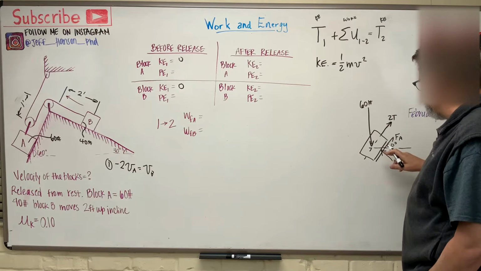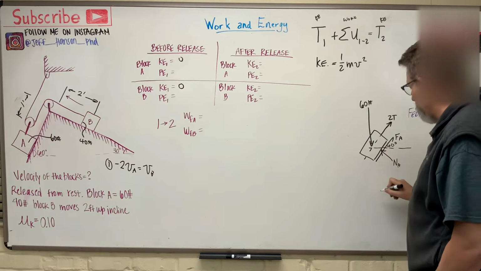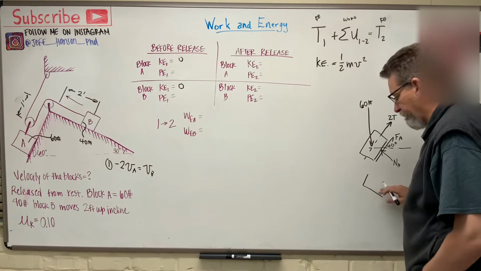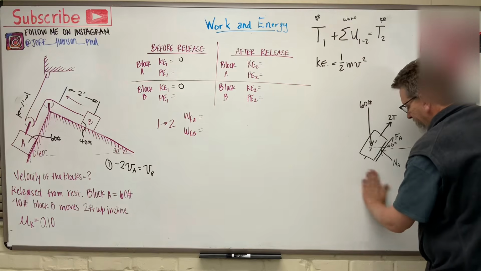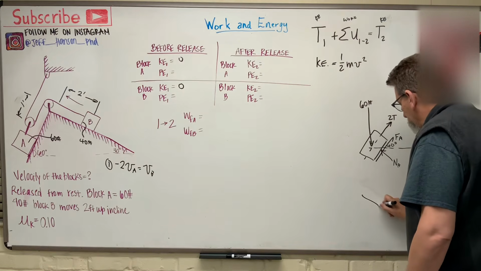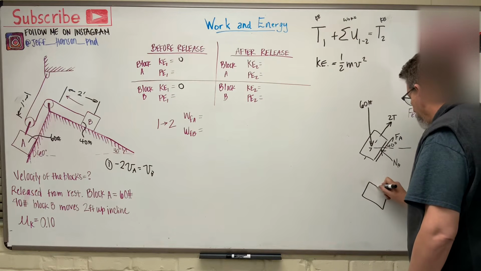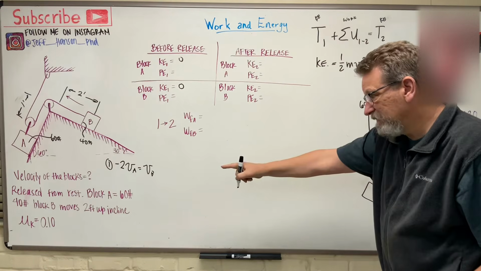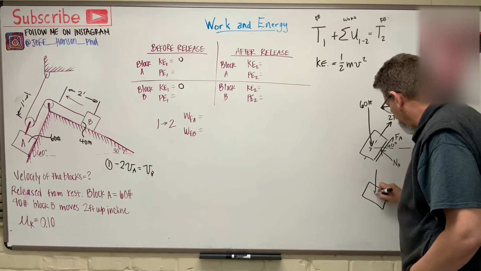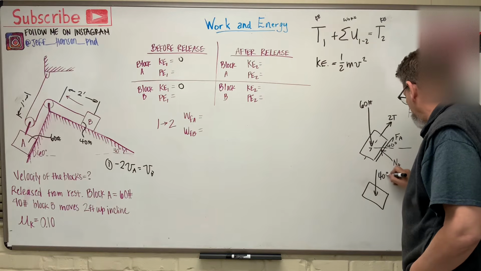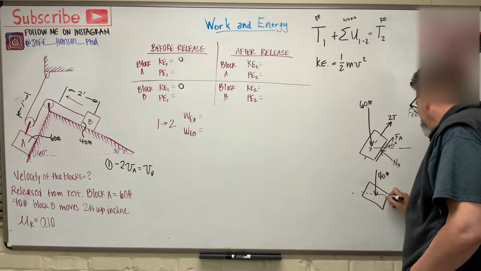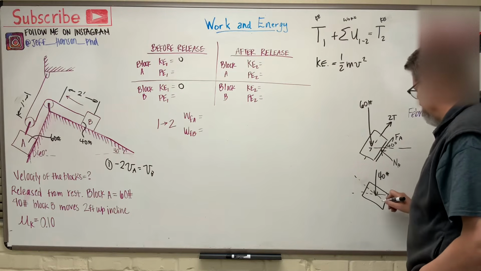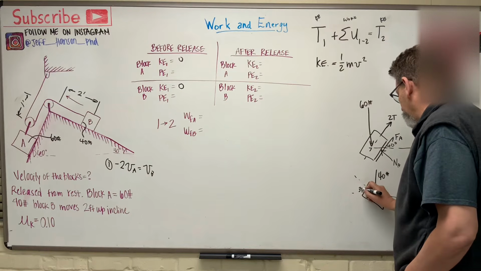Okay, and then block B, here's block B over here going this way. Whoops, let's make enough room for him. Here's block B. Okay, and block B weighs 40 pounds. And again, they give me the angle here of 30 degrees.